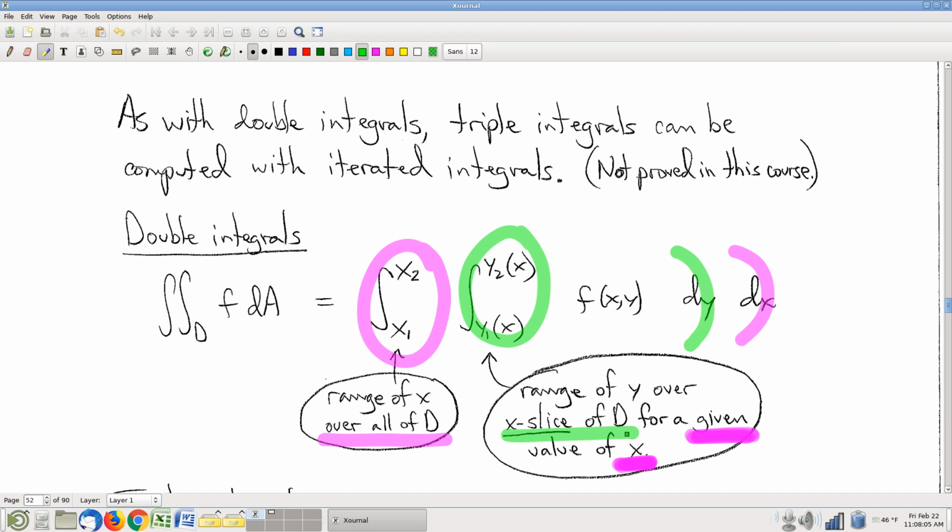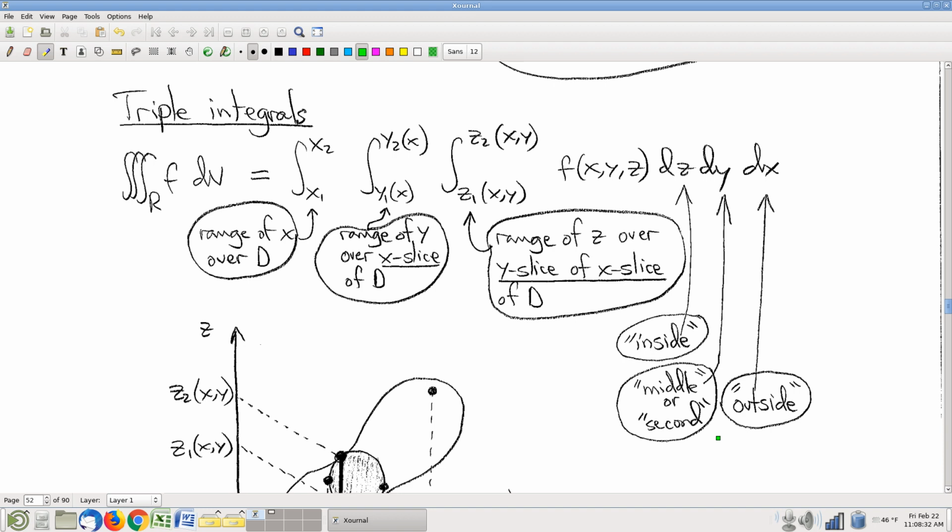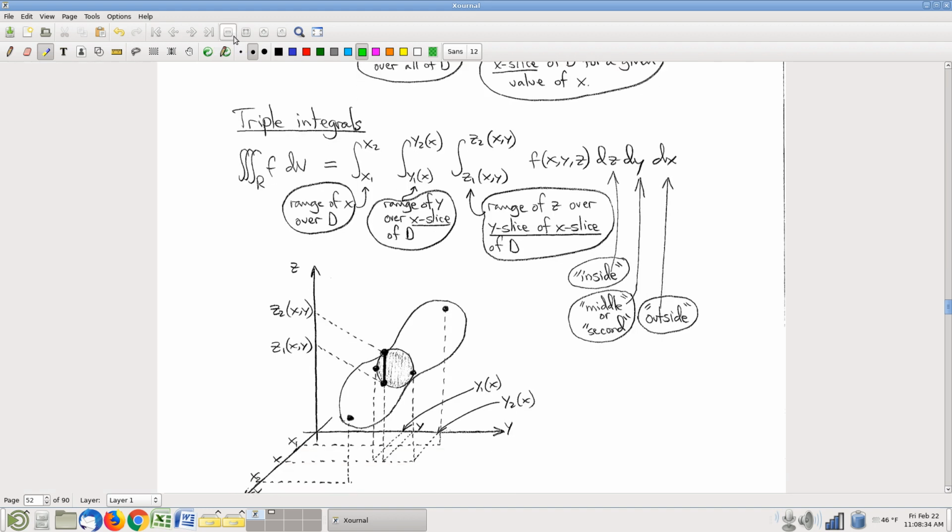Right? So we did a bazillion examples of this sort of thing. Said a little bit differently, you start on the outside, you look at the range of values, then you fix that variable, move inside to the next inside integral, look at a slice corresponding to that fixed value of the outside variable, and then you look at the range of values of the next variable. Same pattern for triple integrals. Different picture. Obviously, it's a three-dimensional picture now instead of a two-dimensional picture.